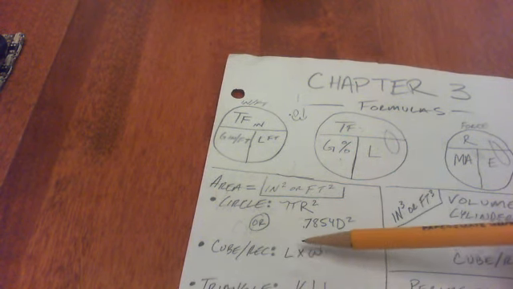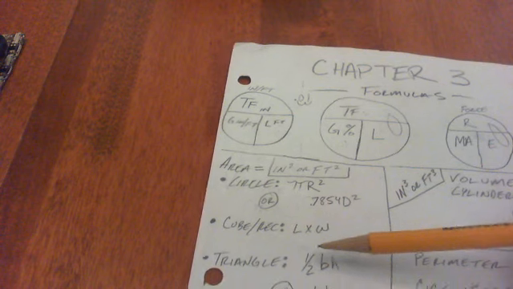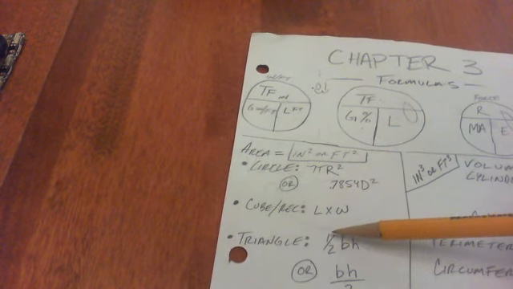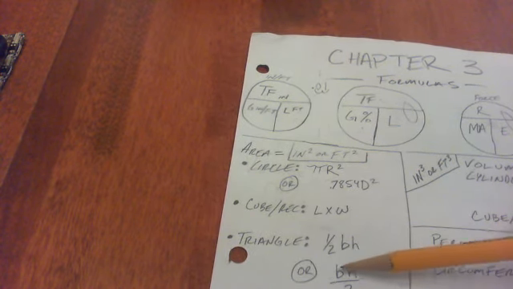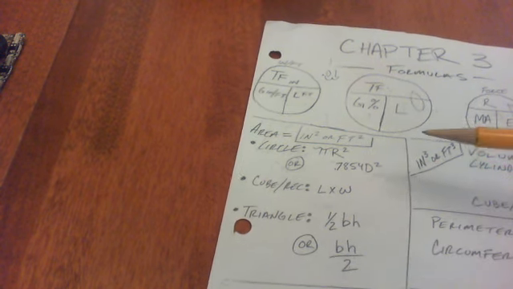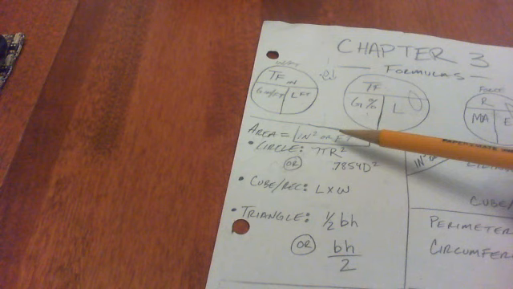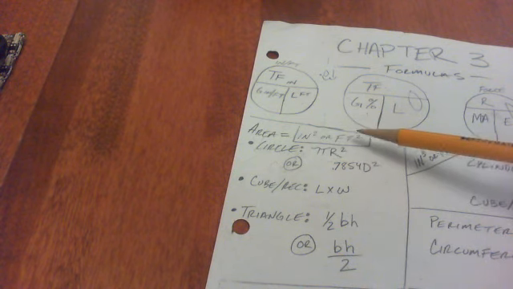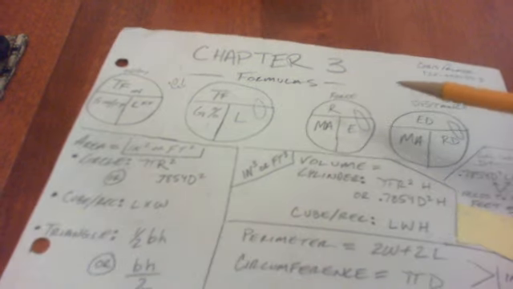For a rectangle, it's length times width, and for a triangle, 1/2 the base times the height, or base times height divided by 2. And again, all of those are going to be in squared inches or squared feet.